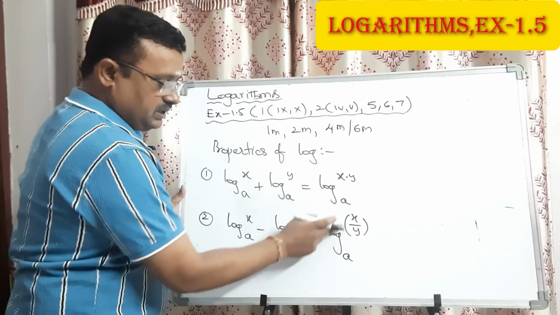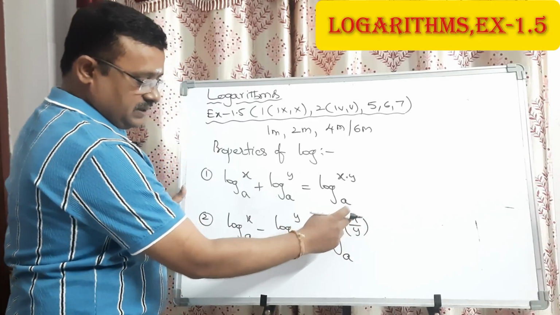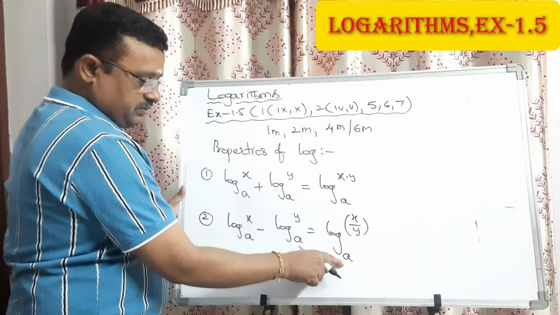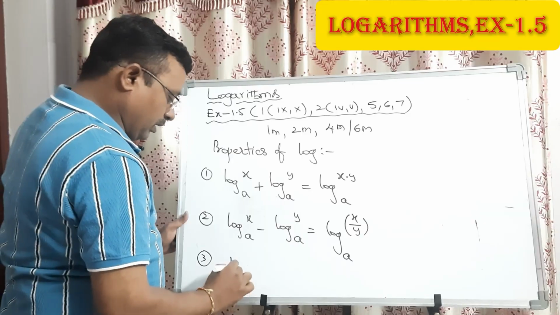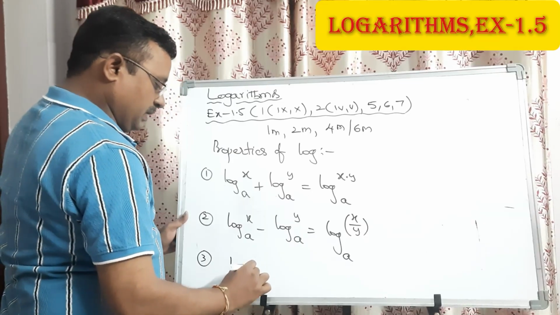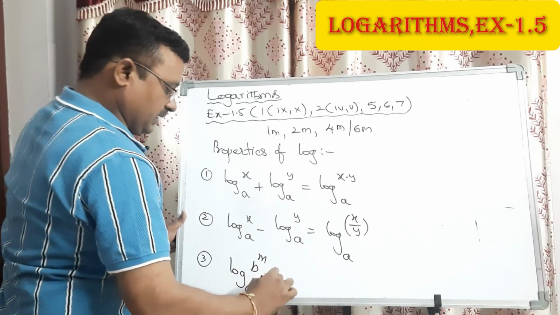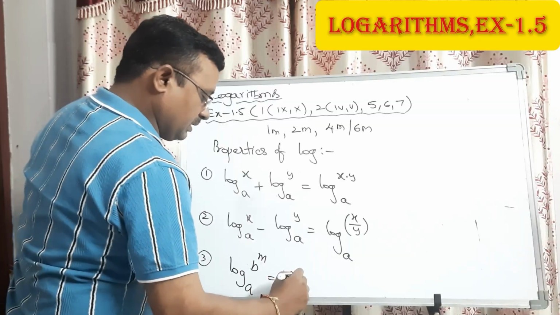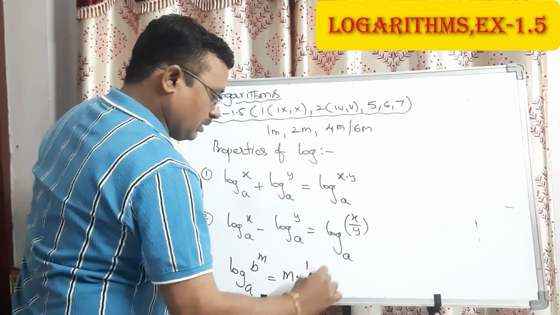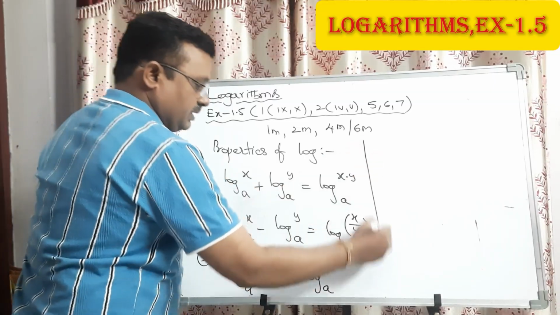You need to write the terms properly: the logarithmic number place is here, the logarithmic base place will be here. And the third one: log b power m base a is equal to m into log b base a; the power comes as the multiple. This is the third rule, a very important one.